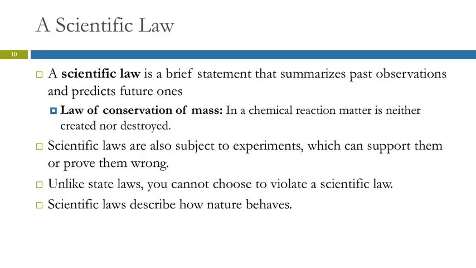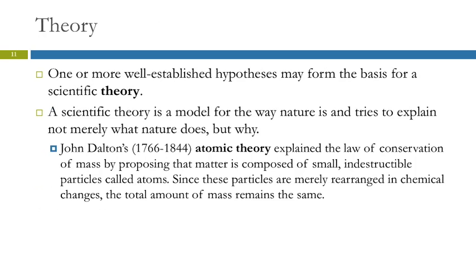So scientific laws describe how nature behaves, but they don't say why. That's what theories do. A theory can come about from one or more well-established hypotheses. So this is more of a group effort. Someone has a hypothesis, they test it, other people hear about it.